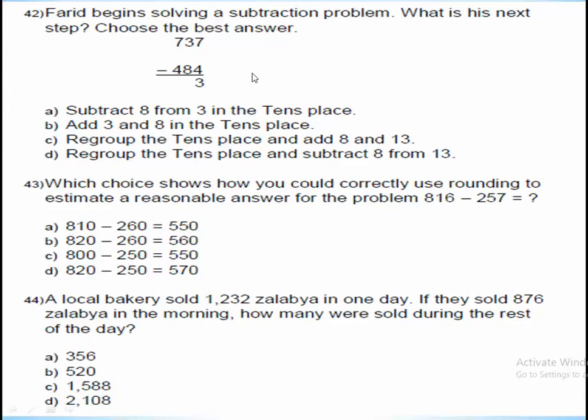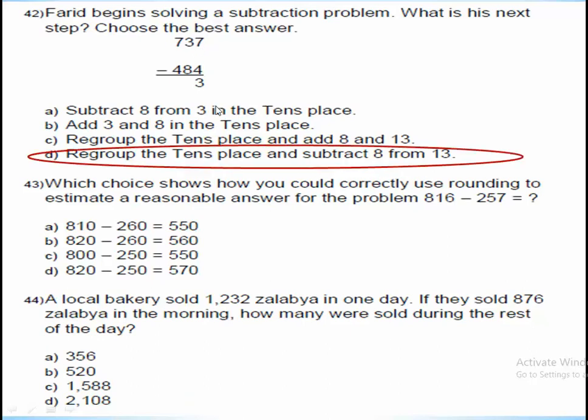When we borrow 1 from the next-door number we call it regrouping. So the right answer is regroup the tens and subtract 8 from it. Okay, regroup the tens, it will be 13, and we will subtract 8 from 13.